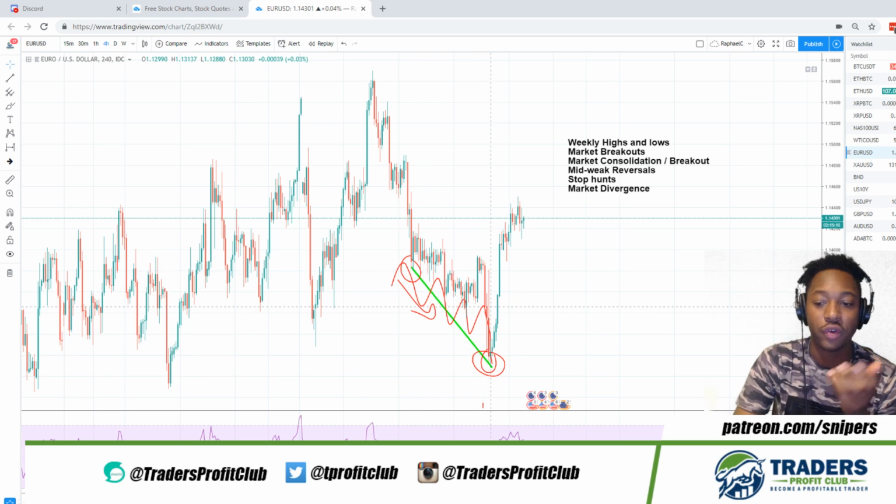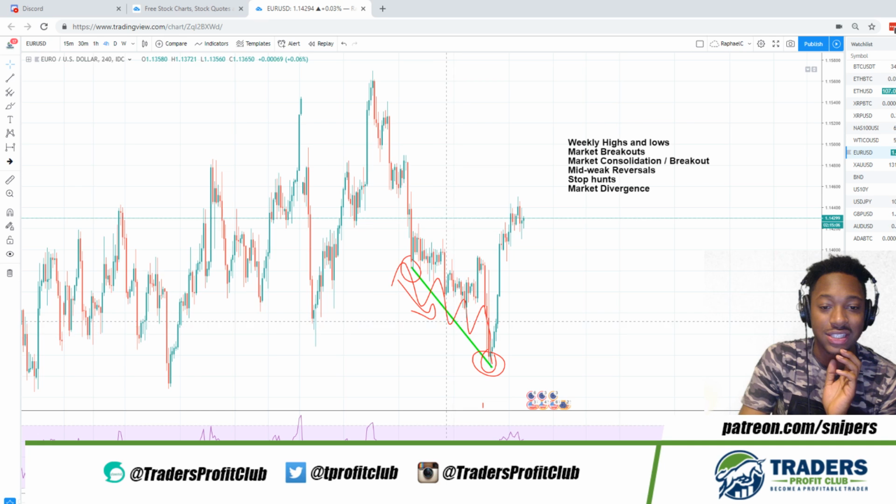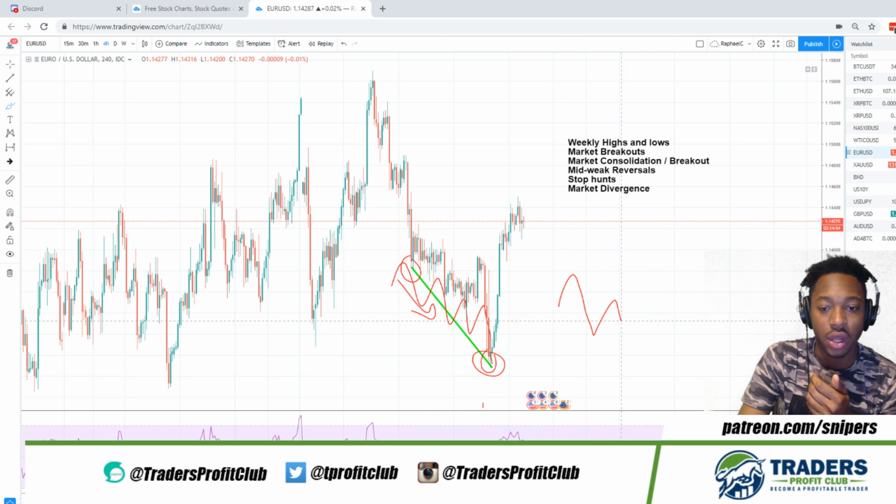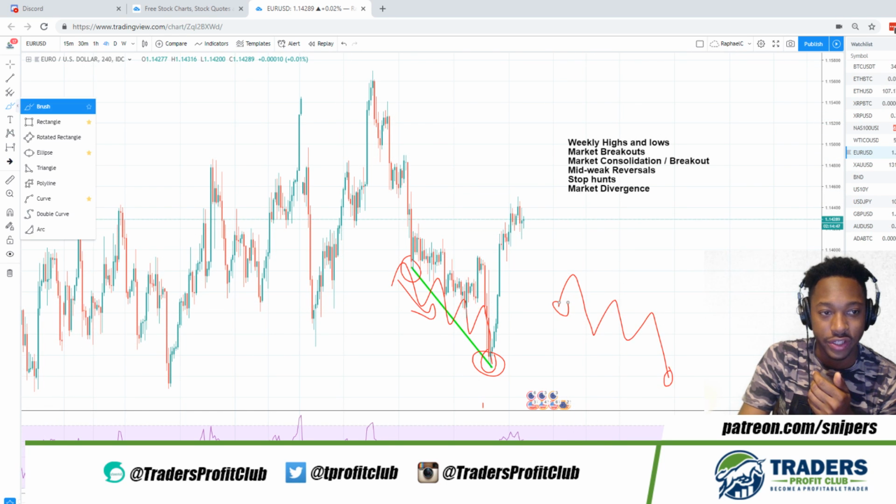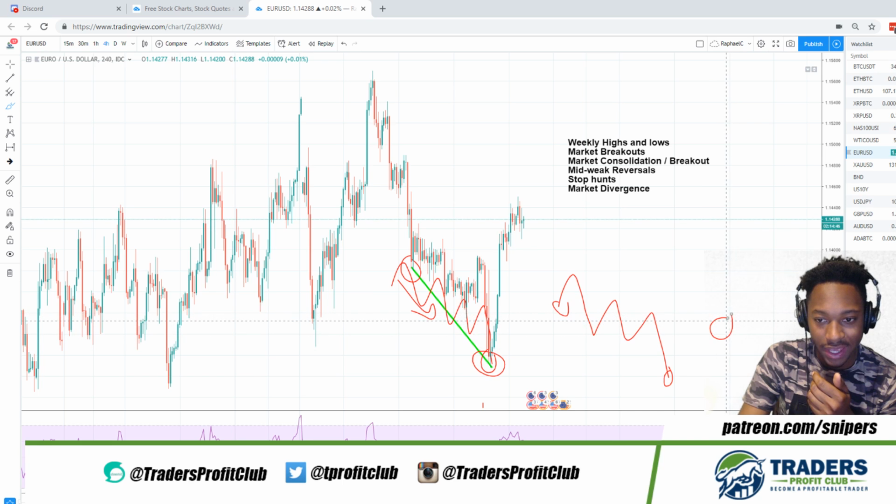So whenever you're looking for divergence, you're going to be looking for when stochastics or RSI is opposite of price. For a bullish divergence, you're going to be looking for lower lows in price, okay? So price is making lower lows, but then your stochastics or RSI are making higher highs.